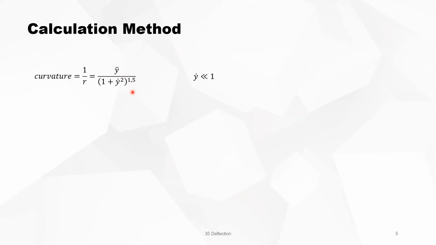This is the definition of a curvature. When the first derivative is smaller than 1, we can approximate that the curvature, or 1 over the radius, equals the second derivative of y with respect to x.